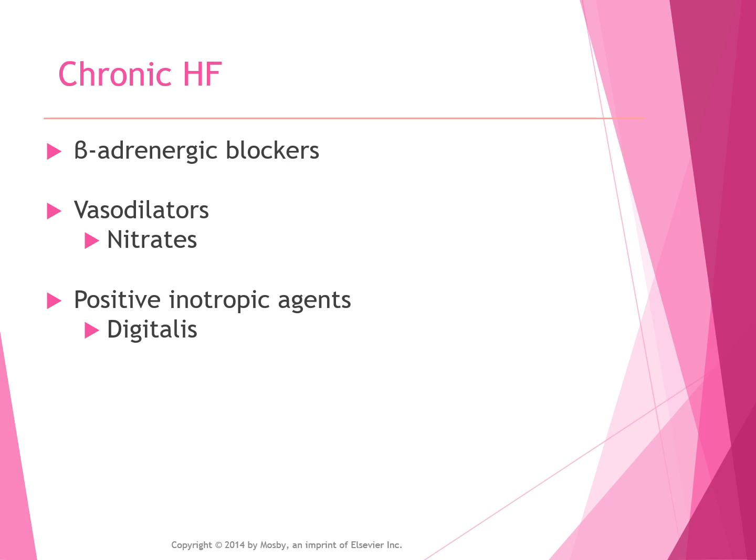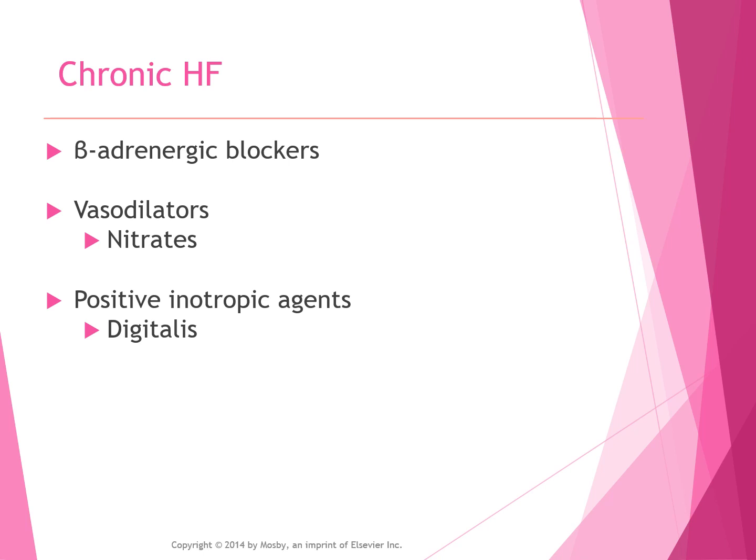So if I am blocking that because I'm on a beta blocker, it can lead to a more increased decline because I don't have that initial sympathetic nervous system response that I need to control or maintain my cardiac output. The other thing we want to be careful with is educating patients not to abruptly stop their beta blockers.